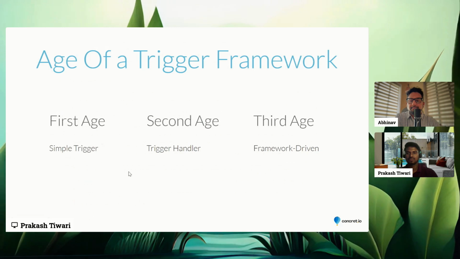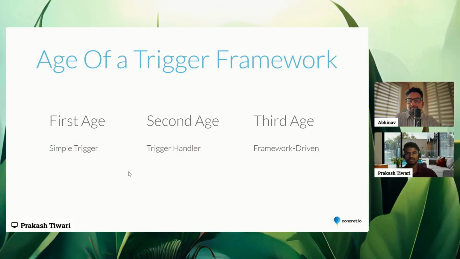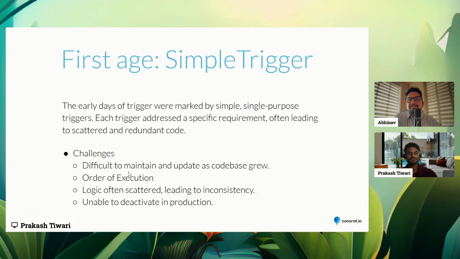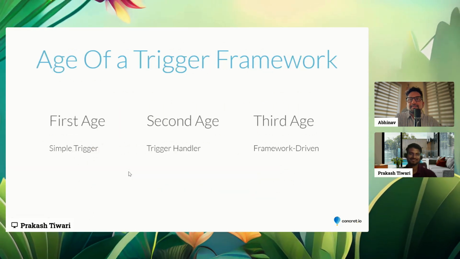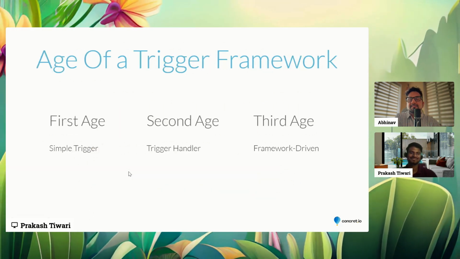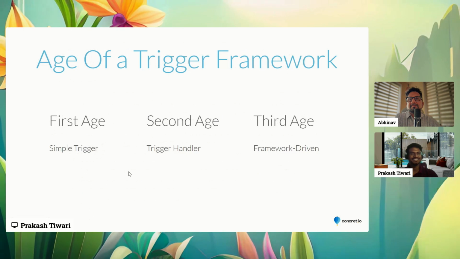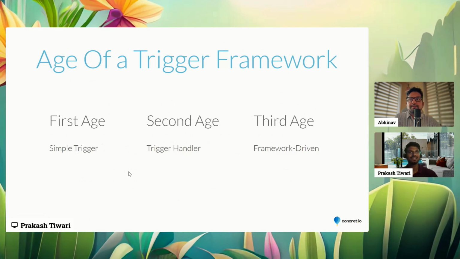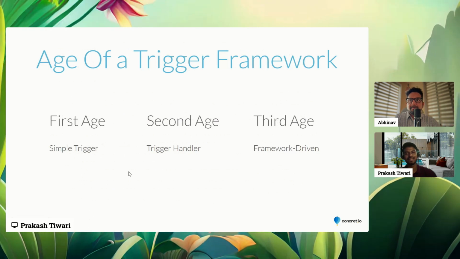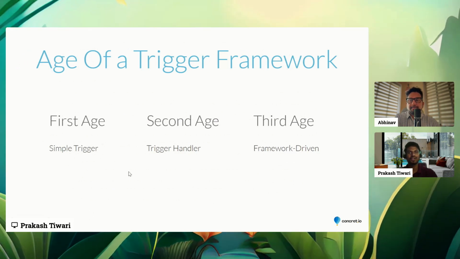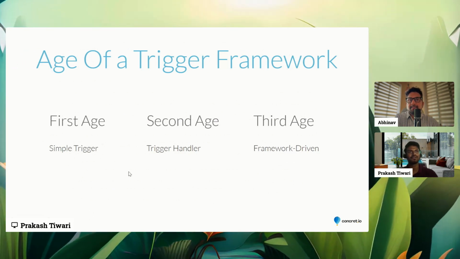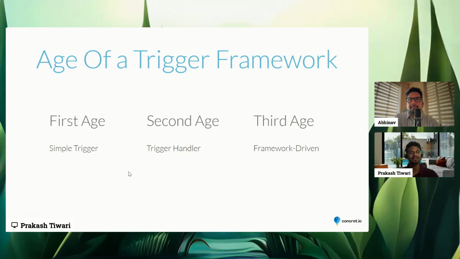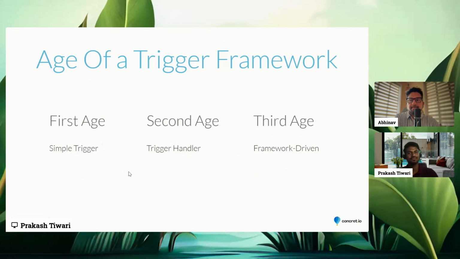So yeah, let's go to the first stage of a trigger. So, Prakash, here the ages you're calling generations. Like initially we started with simple, then we got something else, and then something else. Yeah, that's right. To simplify, by telling a story we can talk about how it evolved, what challenges we faced, how we thought about a solution, and then implemented those changes into the framework.